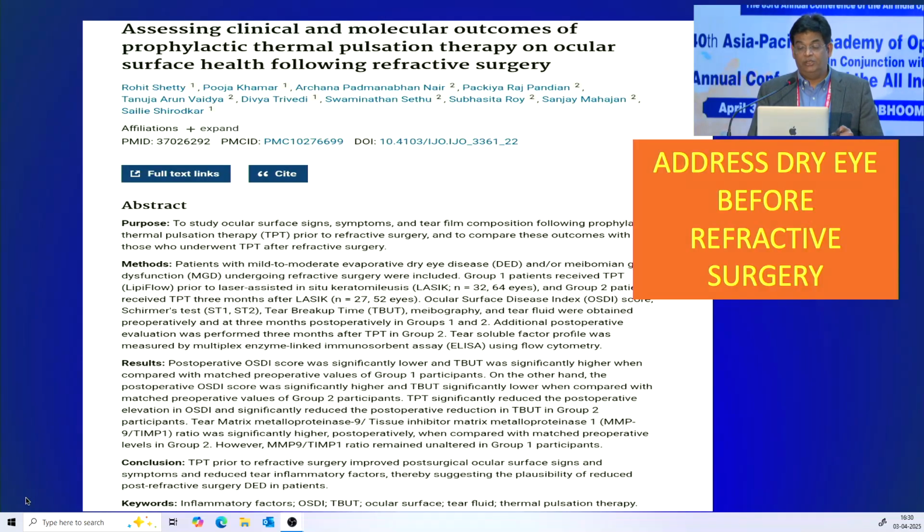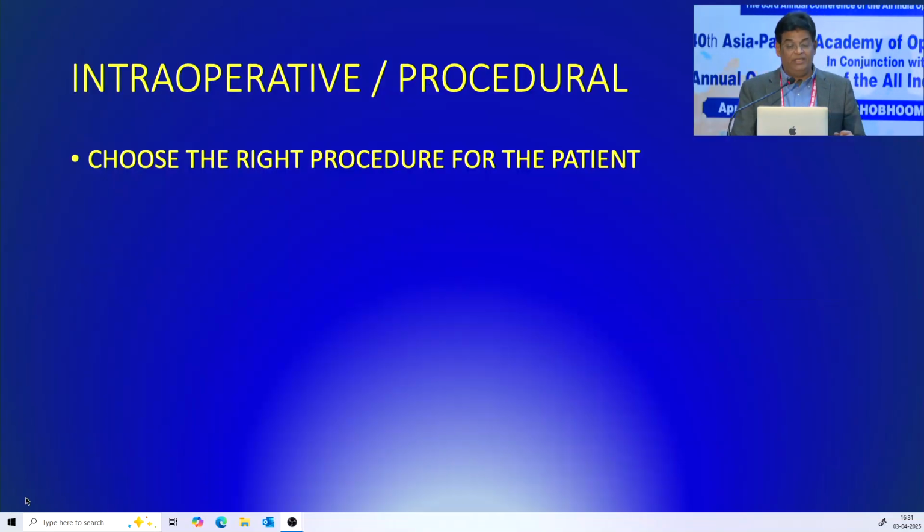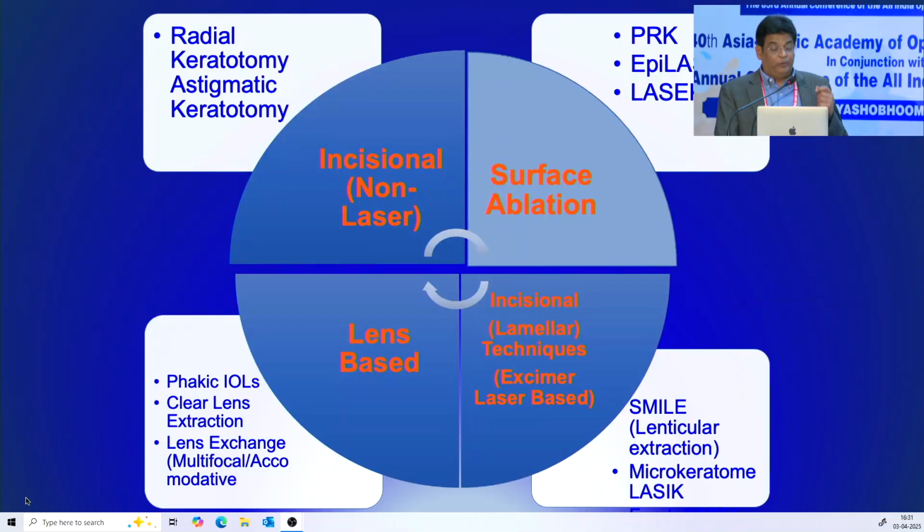So we must address the dry eye before surgery. There are publications which say that you do a lipid analysis in every patient of refractive surgery. I think that's carrying it too far, but we must very objectively try to analyze. We have gadgets now which can give us a very good idea of the status of the tear film before we operate.